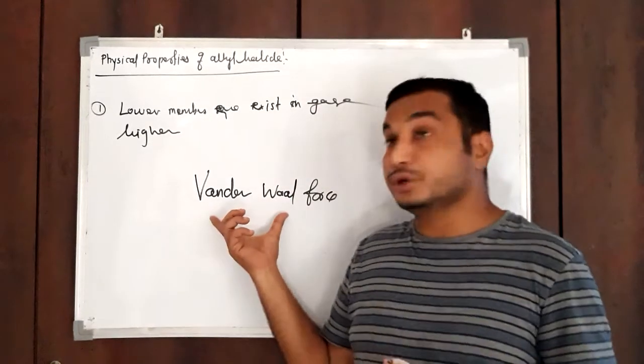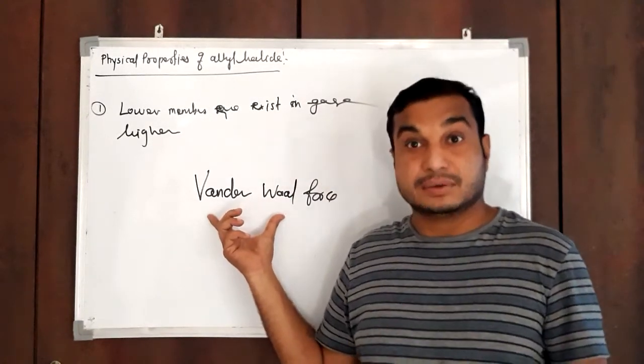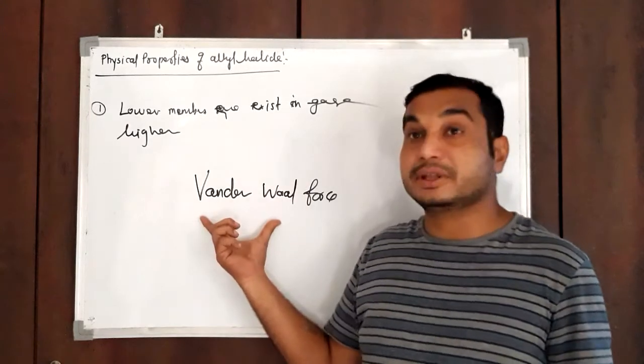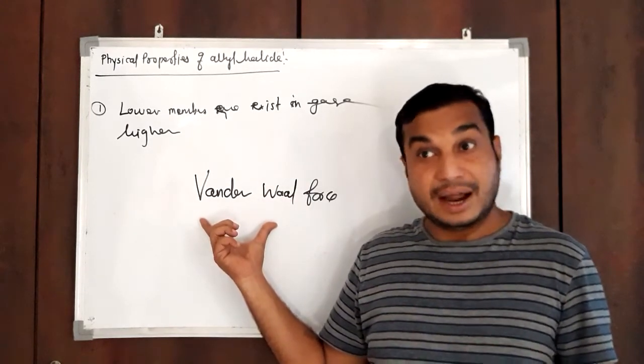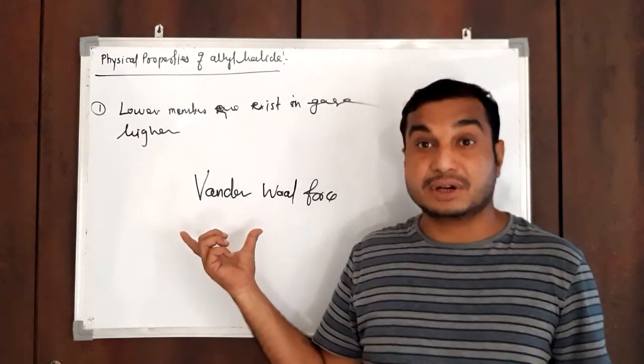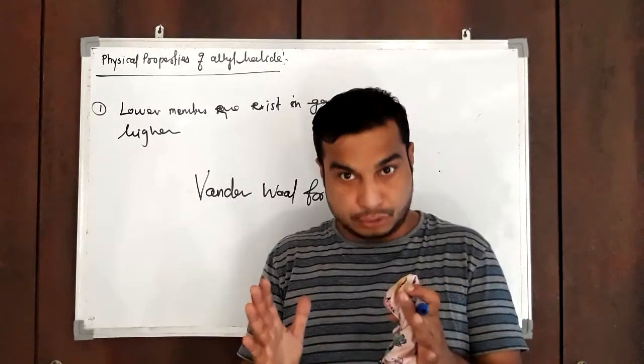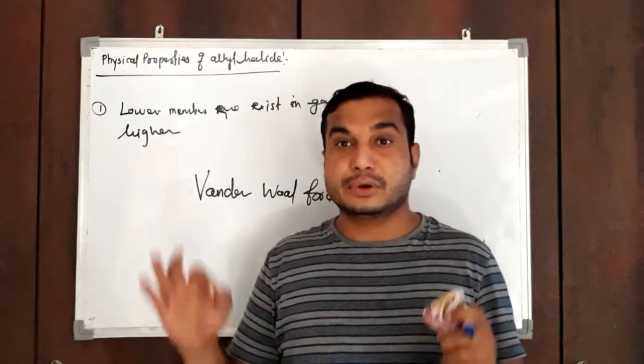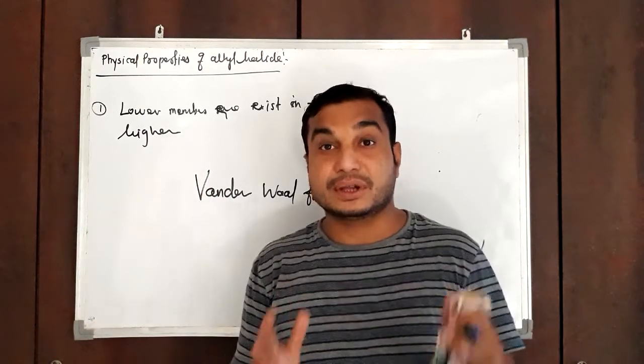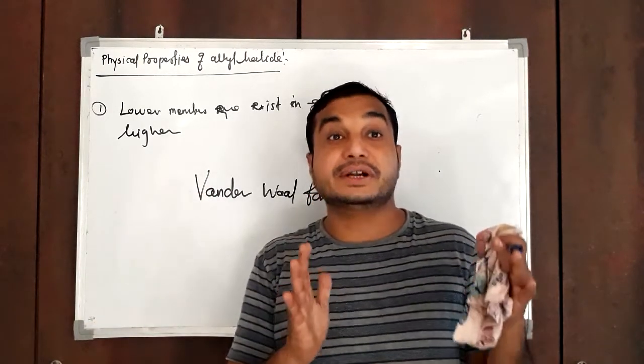This force depends upon the molecular mass. Higher the molecular mass, higher is the van der Waals force of attraction. Due to this force, the molecules of alkyl halide come close to each other. Therefore intermolecular distance decreases, and therefore these molecules exist in liquid state.